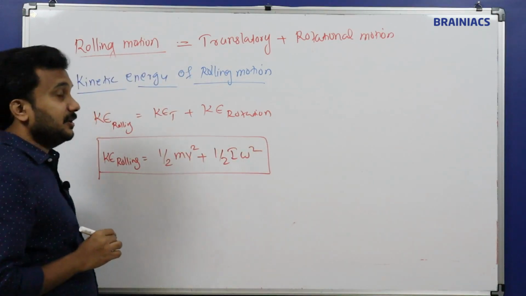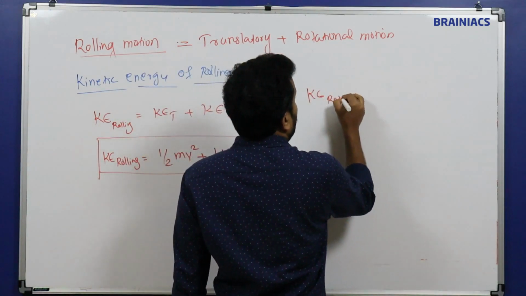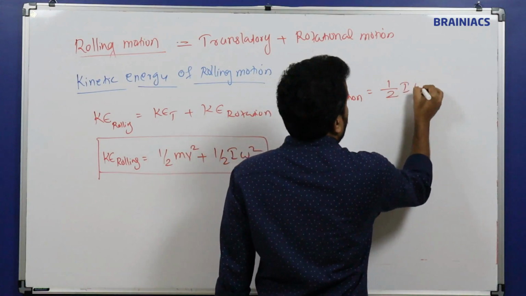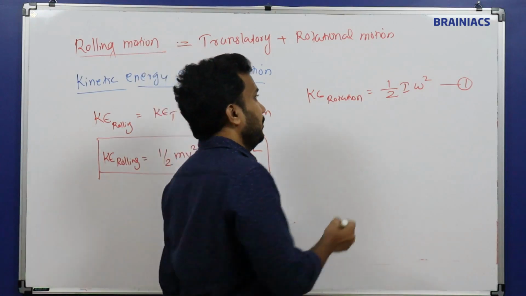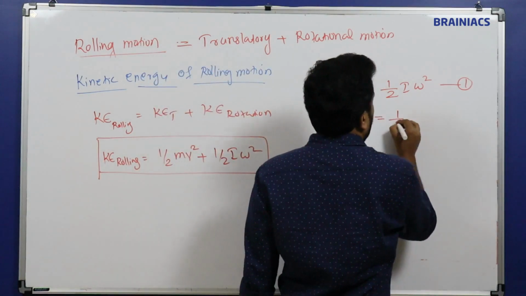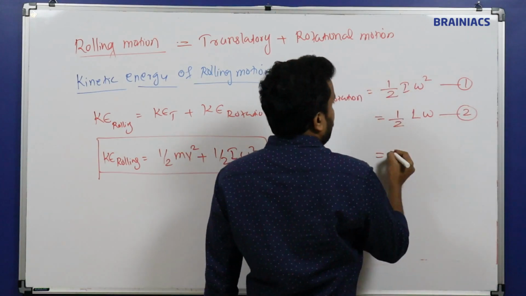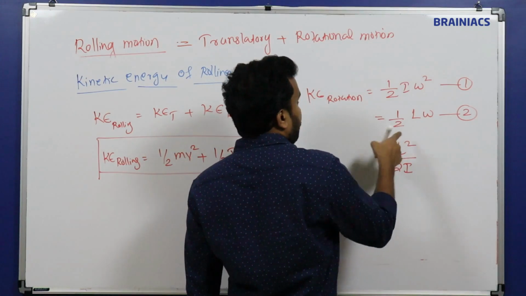Kinetic energy of rotation has many equations. It is equal to half I omega square. This is one equation. You know L is equal to I omega, so this can be written as 1 by 2 L omega. That is the second equation. The next equation is L square by 2 I.